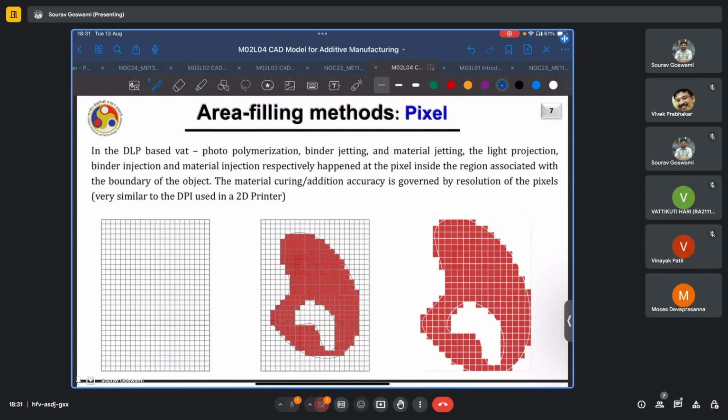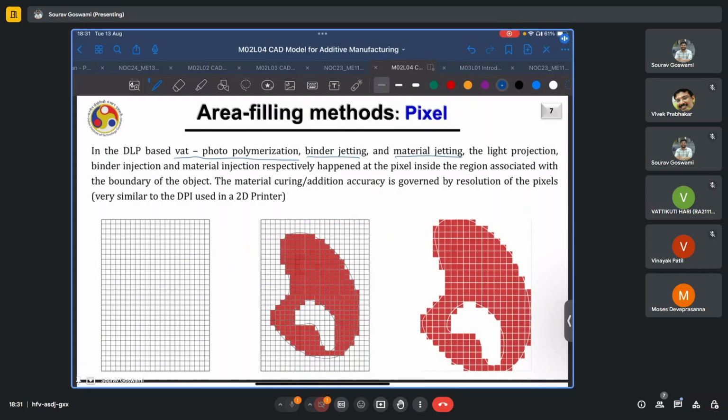Whereas if you work with coarser pixels or your unit area itself is very large, you have poor resolution. So typically in processes like digital light processing based VAT photopolymerization, binder jetting, and material jetting, the light projection, the binder injection, or the material injection respectively happen at the pixel inside the region associated with the boundary.